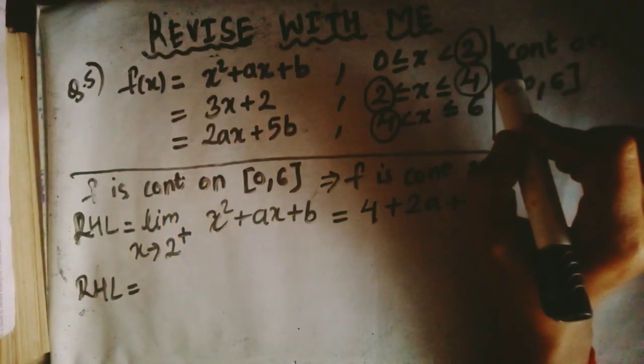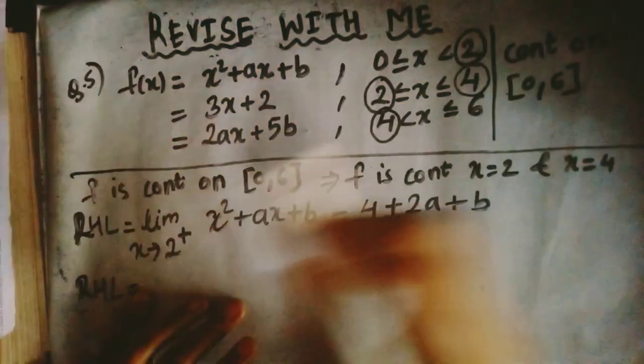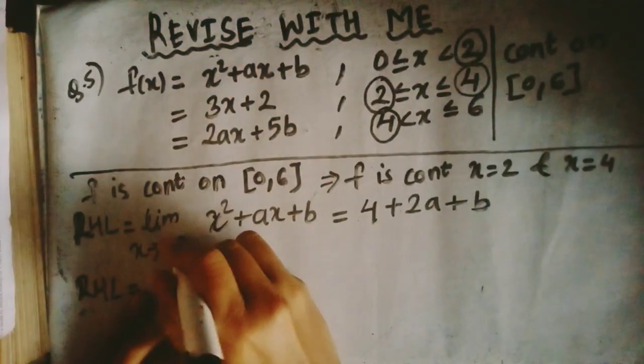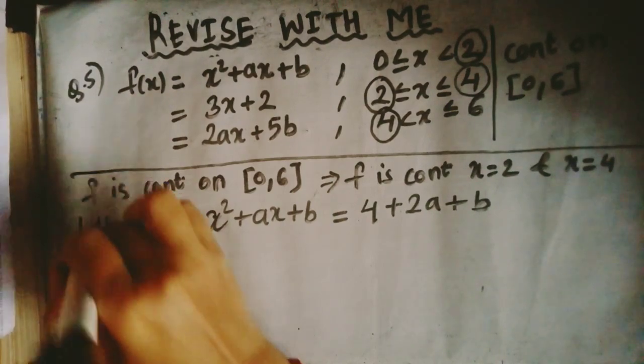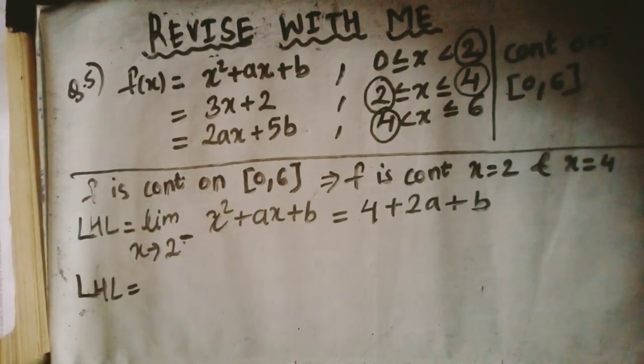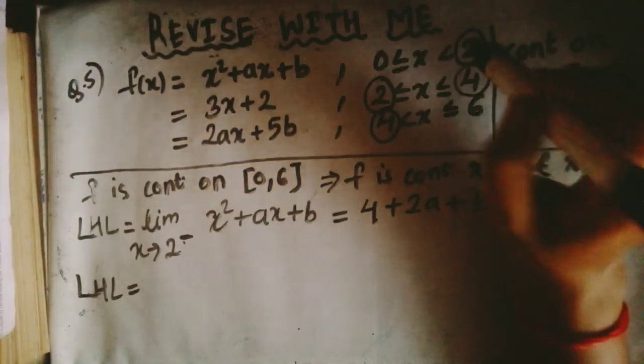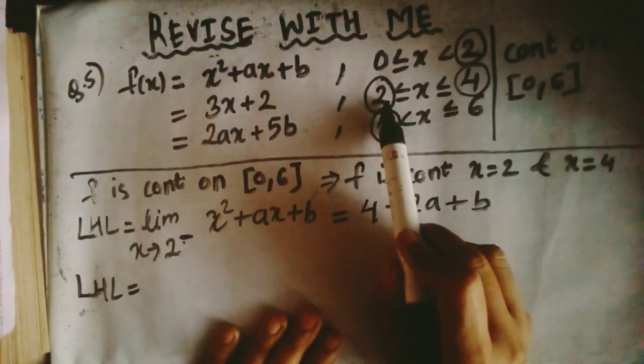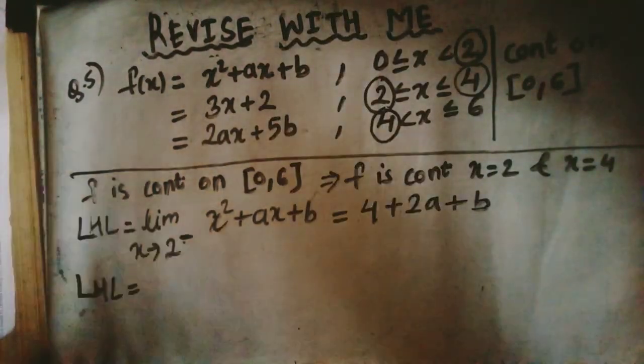This is left hand, because we are considering x less than 2, and here we will be considering greater than 2.